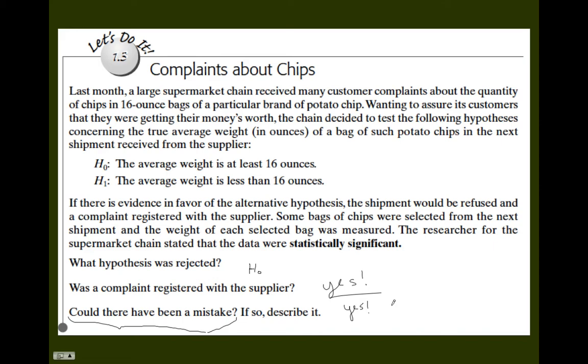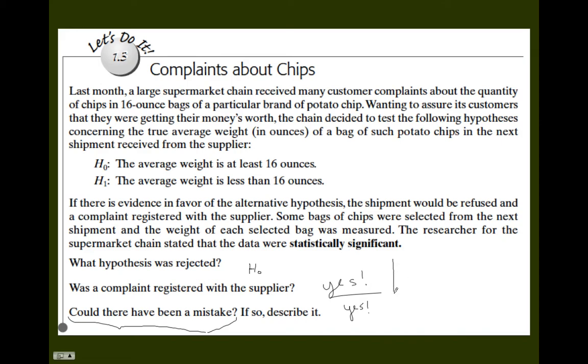We're just depending on a sample or a small number of these bags of potato chips. So it's unlikely that we would get unlucky enough to get a bunch of lightweight bags and incorrectly reject the null when in truth the true average weight of all these bags in the population actually is 16 ounces. So yes, we could have made a mistake.